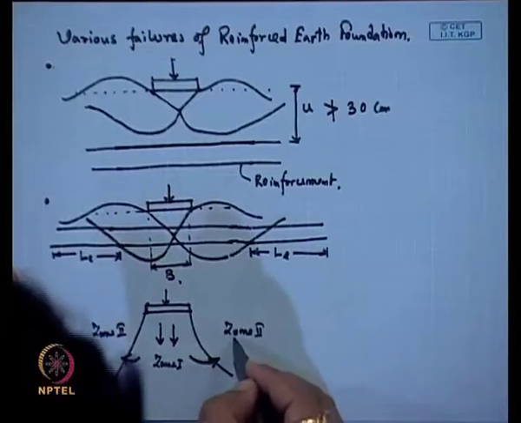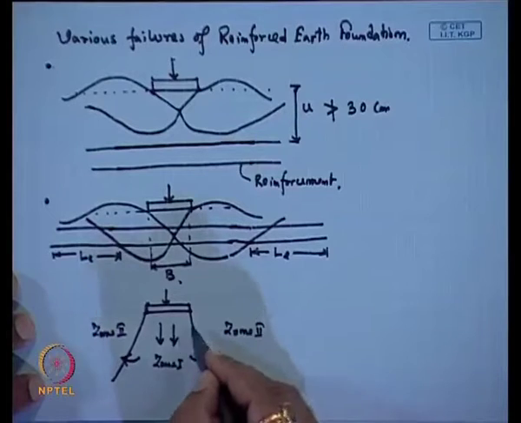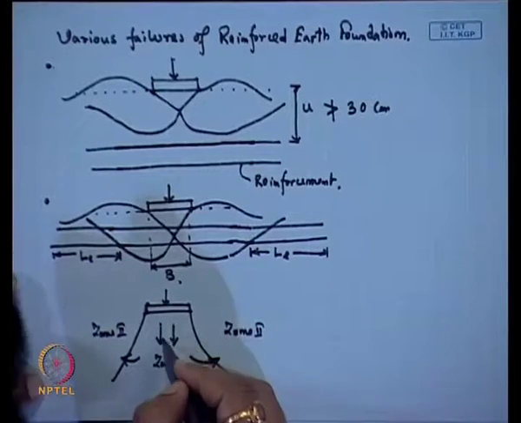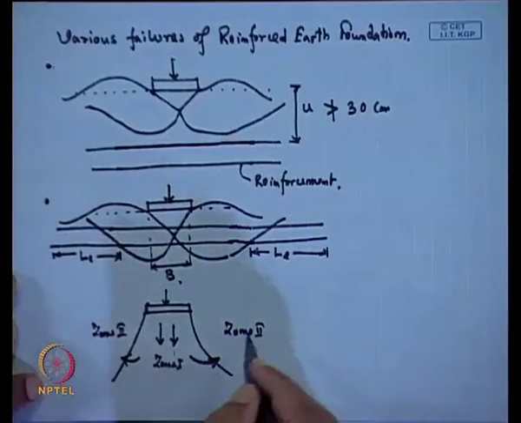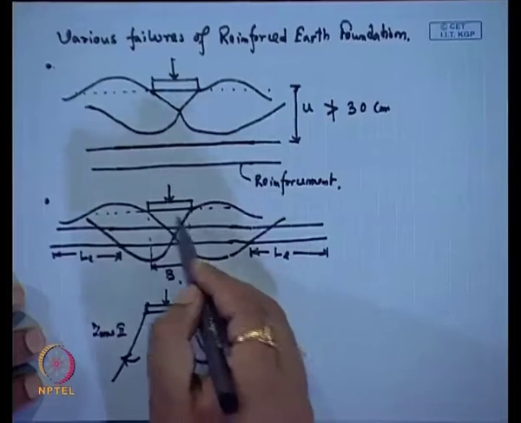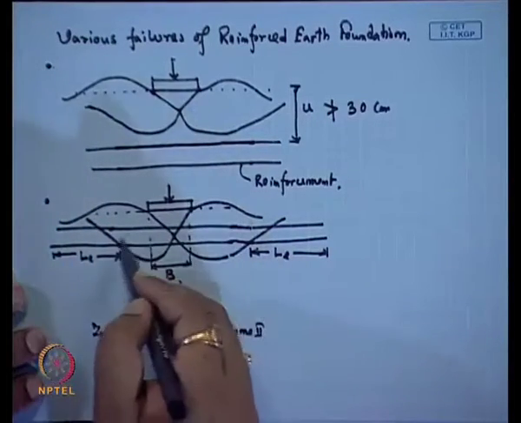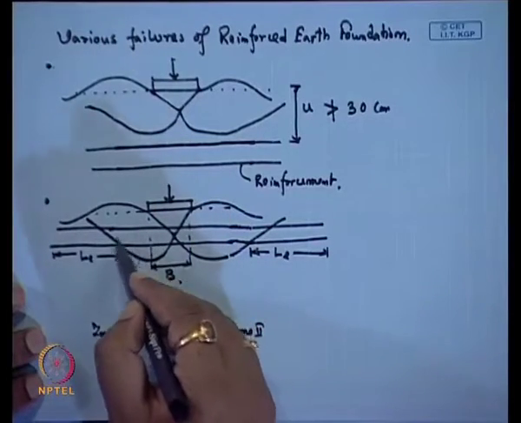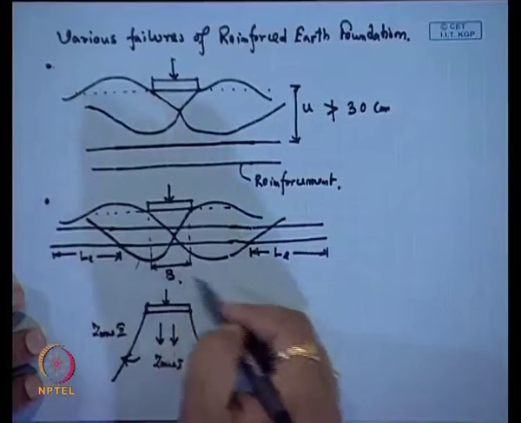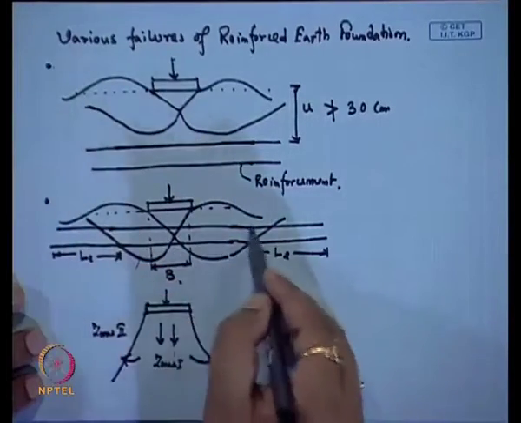So, zone 2 soil is pushing this zone 1 soil towards this direction, and this zone 1 soil is moving in the downward direction. Similarly here also, in the failure zone, the center soil is moving in the downward direction, and it is pushing the side soil to these two sides.